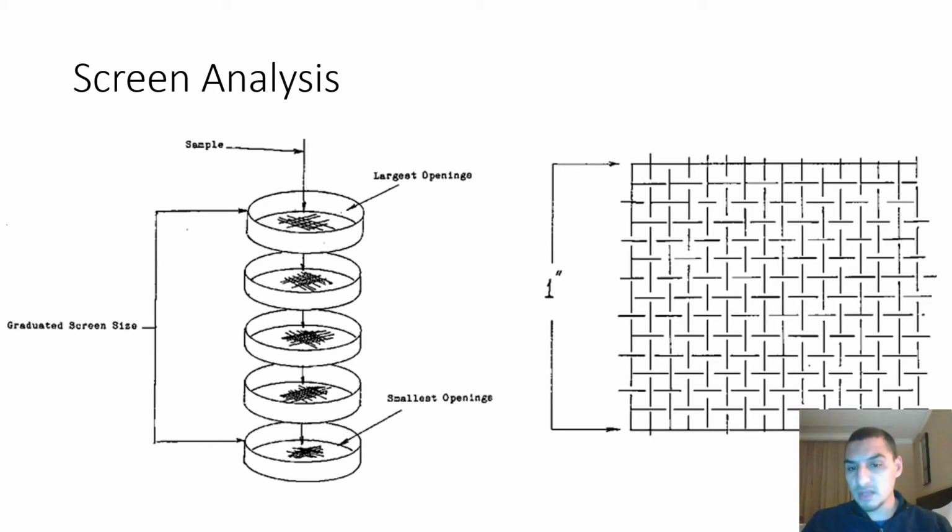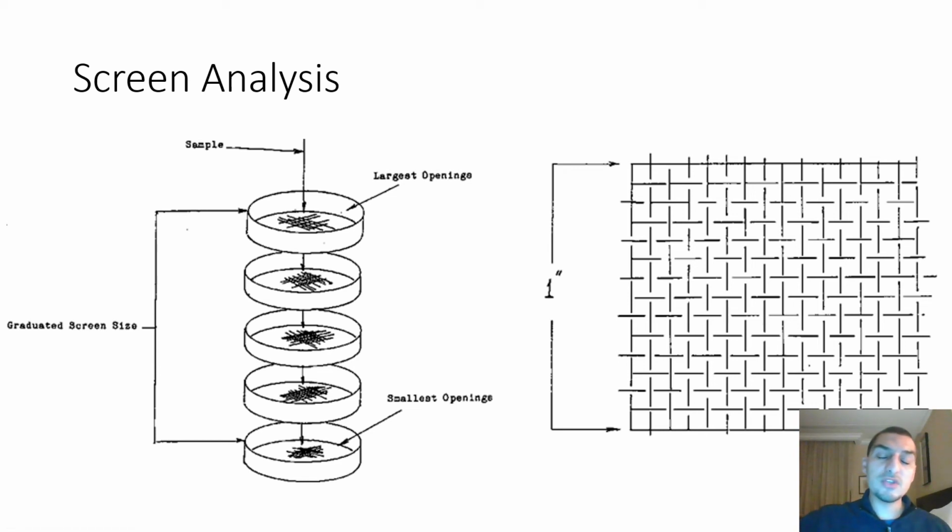You have to have a good idea about the particle size distribution. To get it, we do what's called screen analysis, which uses different screens with different opening sizes. The largest opening is in the top screen, and then it gets smaller till you get to the smallest opening at the very bottom. By shaking them, the larger particles are kept here, then smaller, and here you will have the smallest particles.